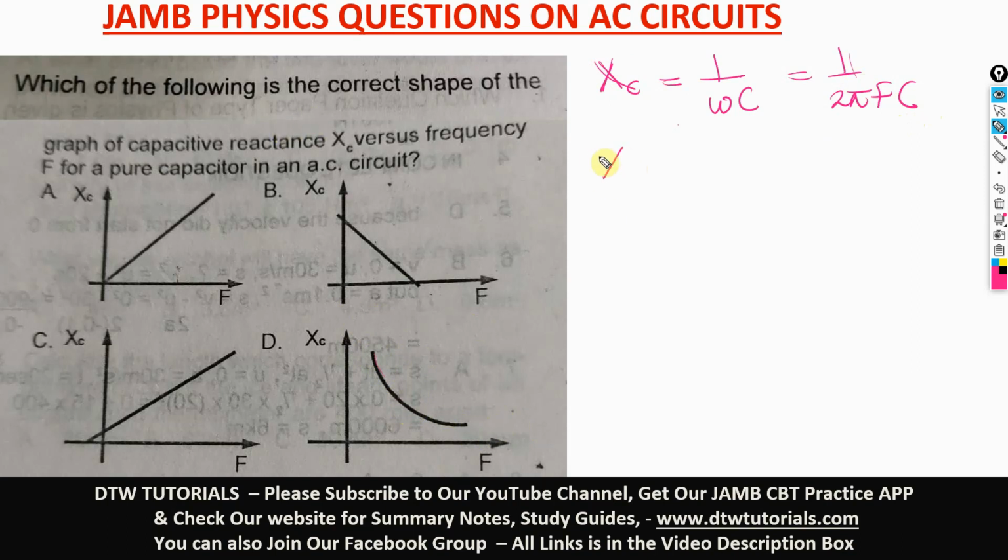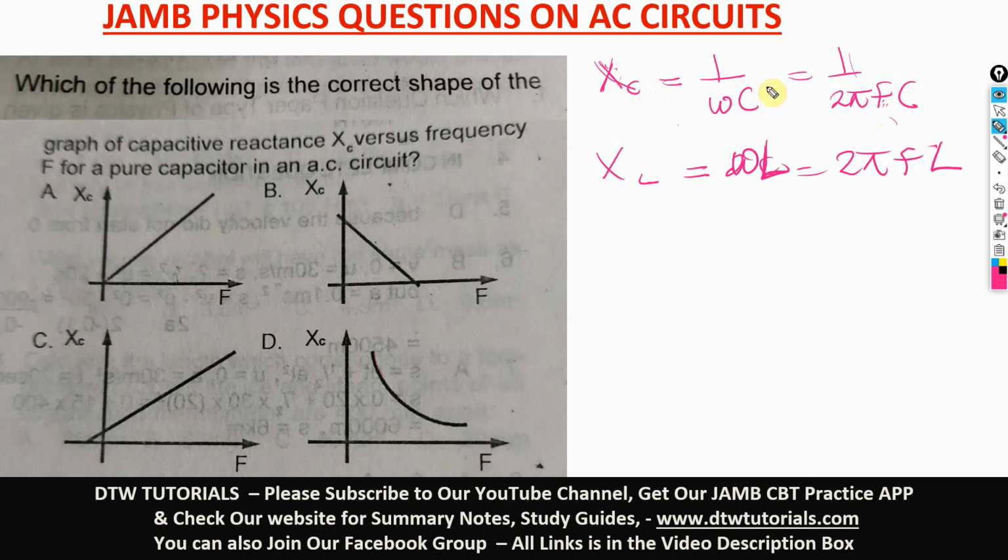But if it was XL, that's your inductive reactance. Remember that inductive reactance is WL, which is also 2 pi FL. Let me explain again what this statement means: as F increases here, XC decreases.